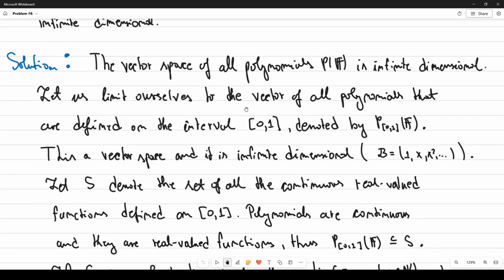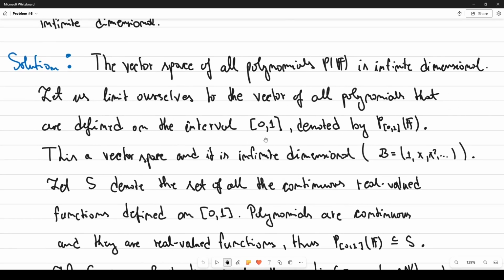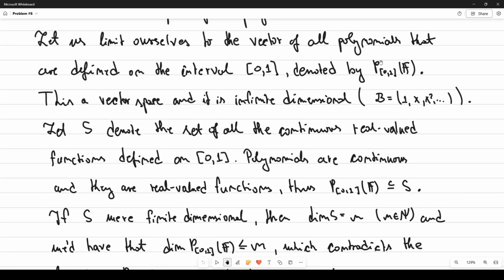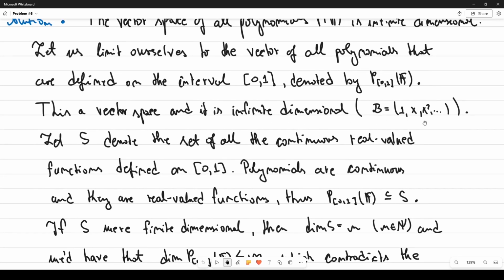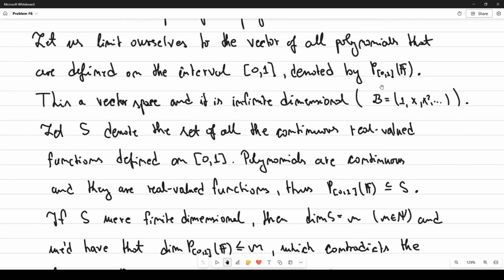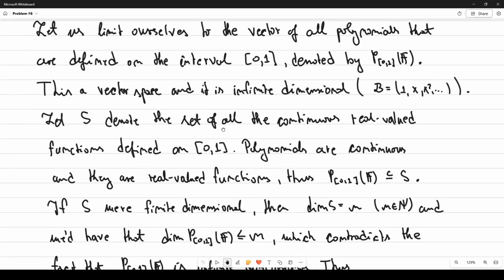Let us limit ourselves to the vector space of all polynomials that are defined on the closed interval 0 to 1, denoted by this. So this is a vector space and it is infinite dimensional. So here's the standard basis. It's an infinite basis. So this space is infinite dimensional.